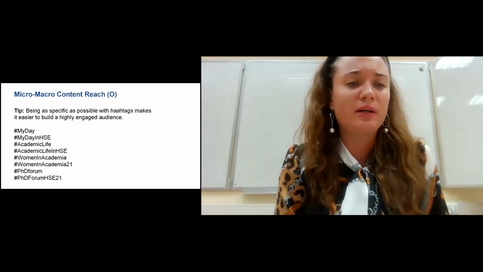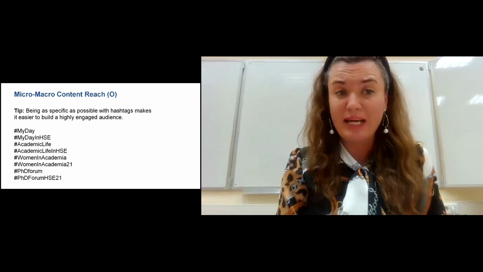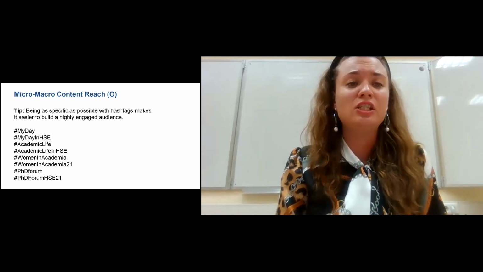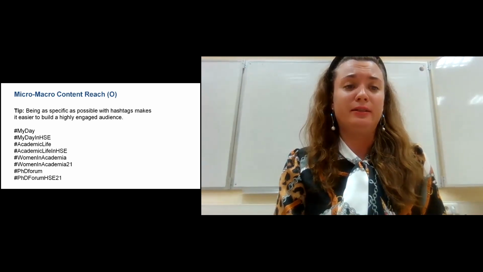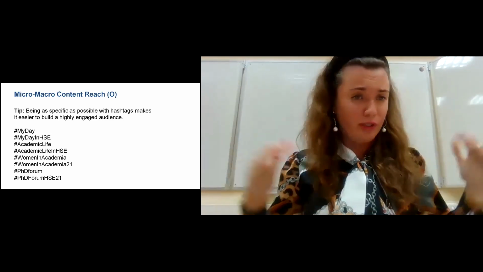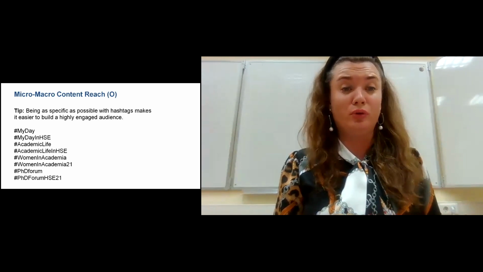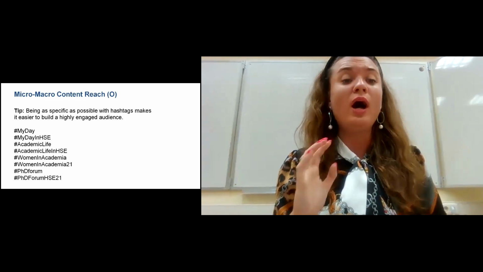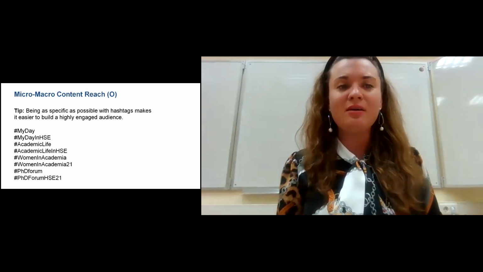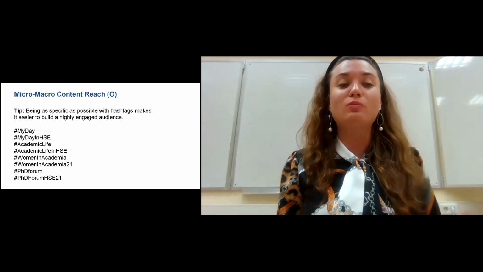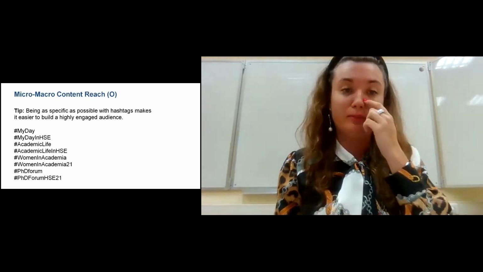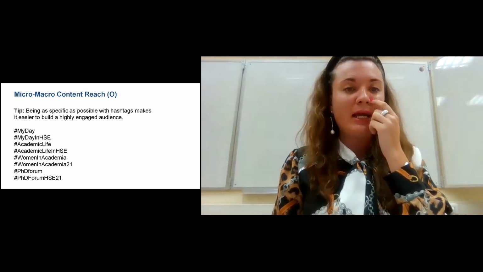And here there are some examples, like My Day is a macro content reach. So it can imply everything, and all the people can follow you, or it can be considered as a spam. While My Day in HSE is more focused, and only the HSE community will be interested in this.